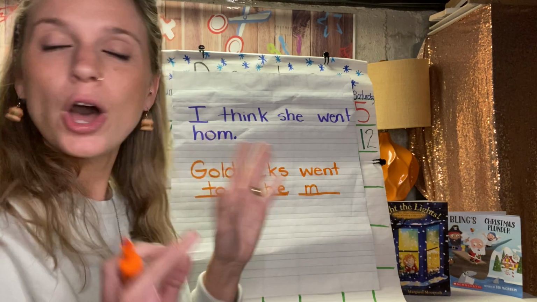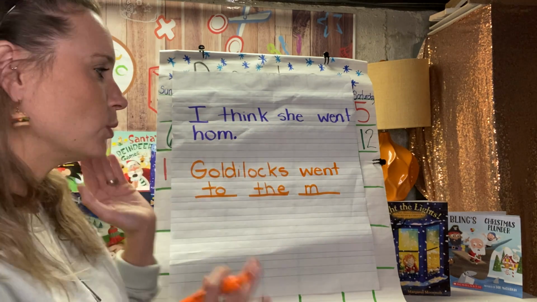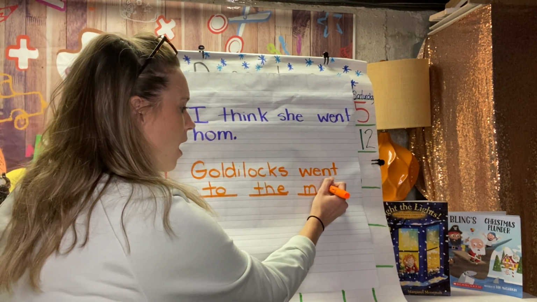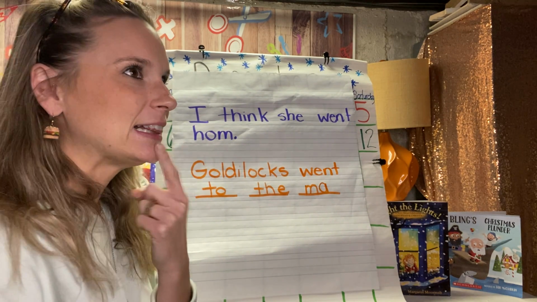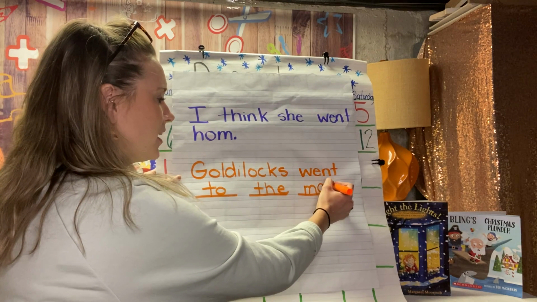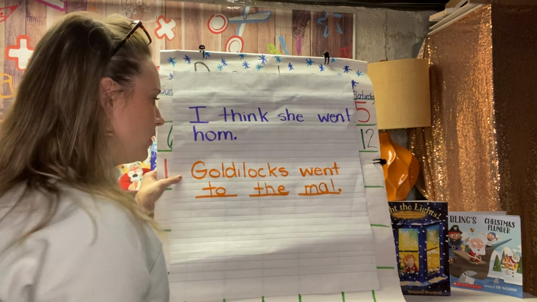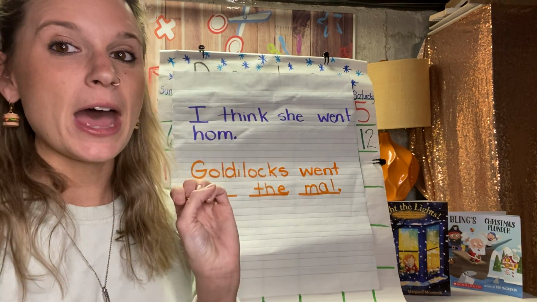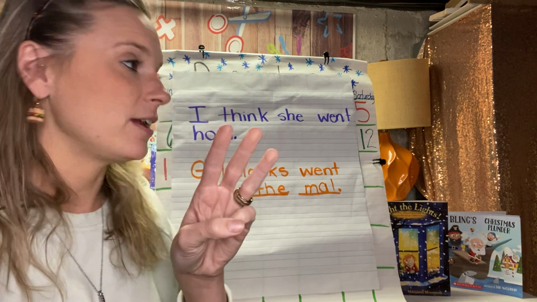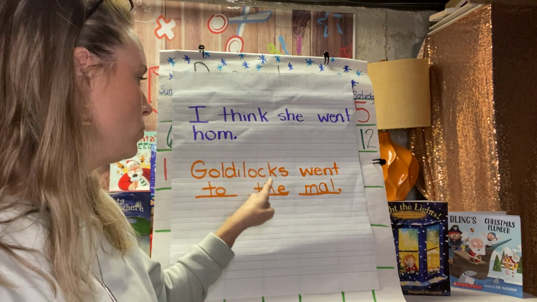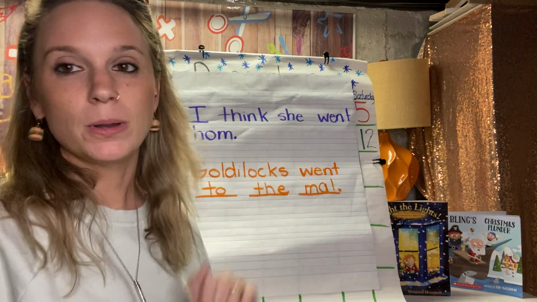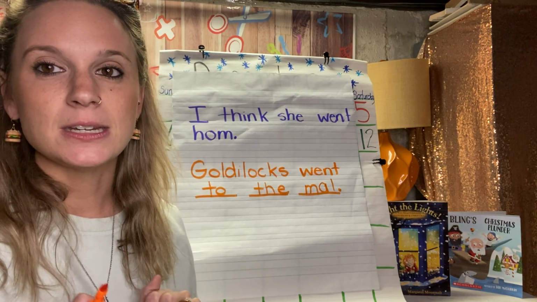But if you heard O and you wrote O, it's okay because that's what you heard. And then that's an L, right? So now that's all I heard. I heard three sounds, so I wrote three letters. So now my sentence says, Goldilocks went to the mall. And I put a period to stop my sentence, right?